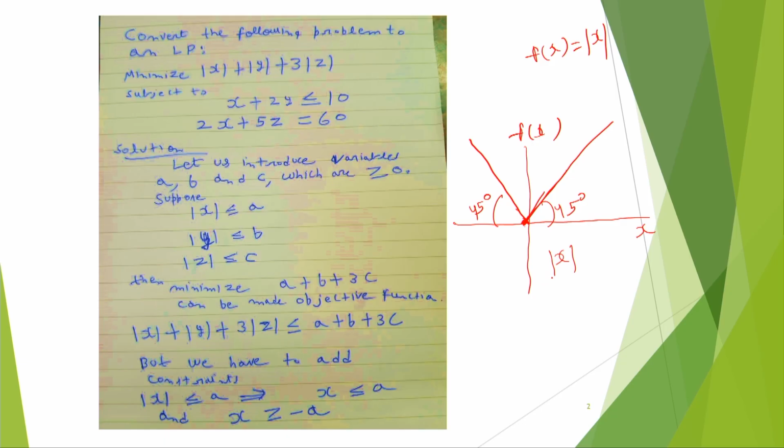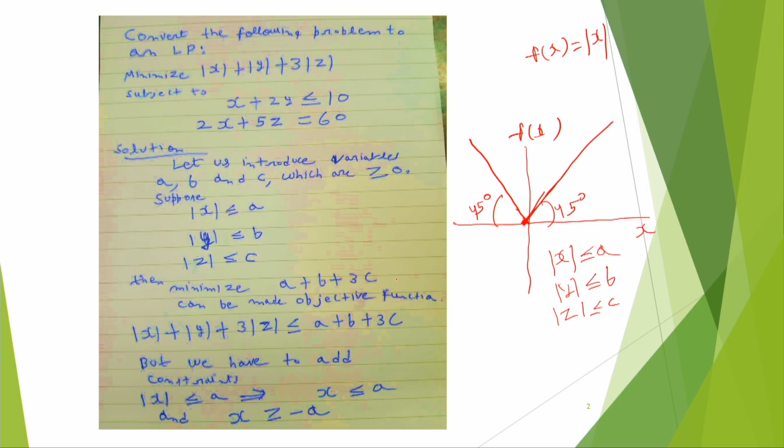I introduce a, b and c such that mod x is smaller than or equal to a. Similarly, mod y is smaller or equal to b, and mod z is smaller or equal to c. And then I say I am minimizing a plus b plus 3c.